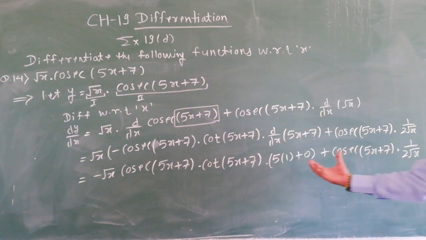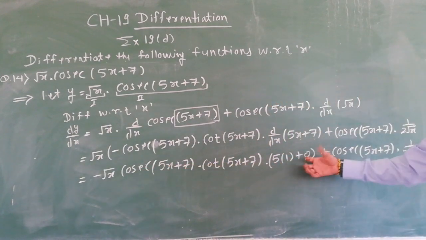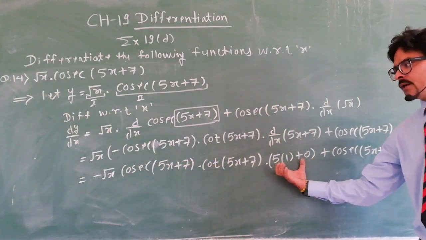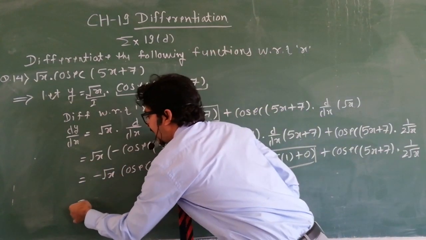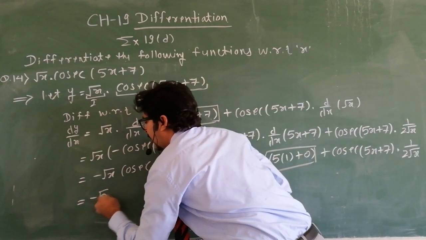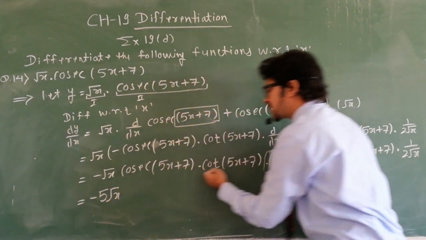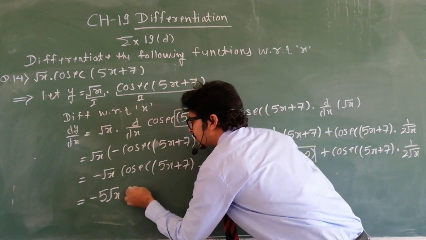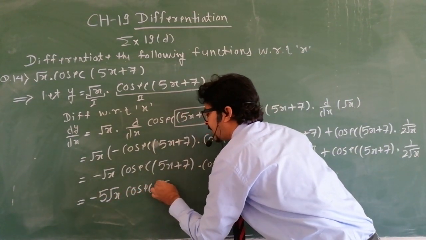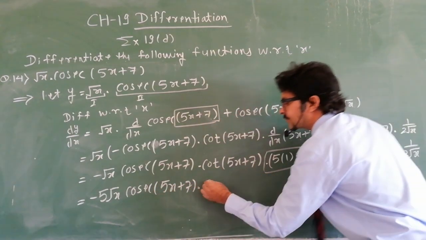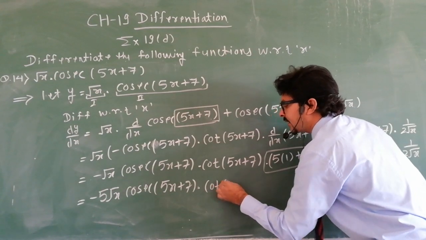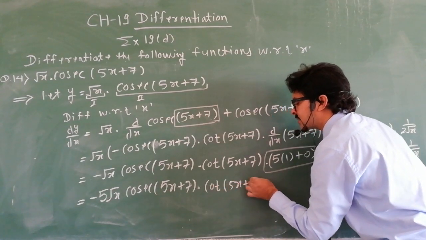Now finally, on the first term this bracket becomes 5, so we can write this 5 here. We can write minus 5 root x, and this whole thing as it is, cosec in bracket 5x plus 7 into cot in bracket 5x plus 7.